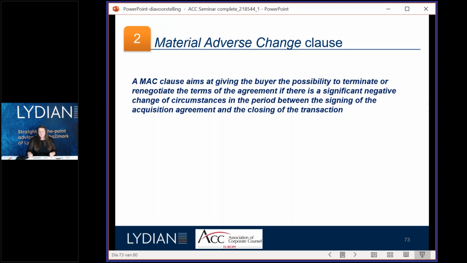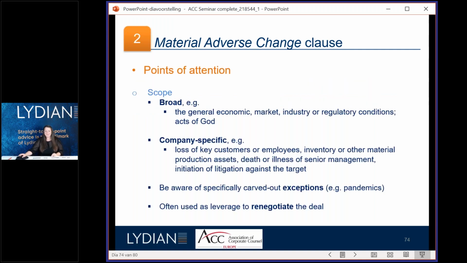So we often, of course, hear the question, can the MAC clause be invoked based on the pandemic? The answer is it depends, as often. Lawyers always reply that answer. So the more specific the clause is, the higher the chances of success. You may want to have company-specific events that are specifically targeted and even when possible quantified.